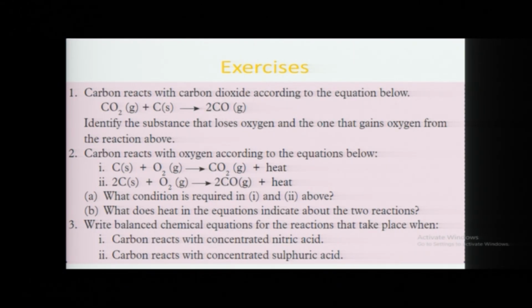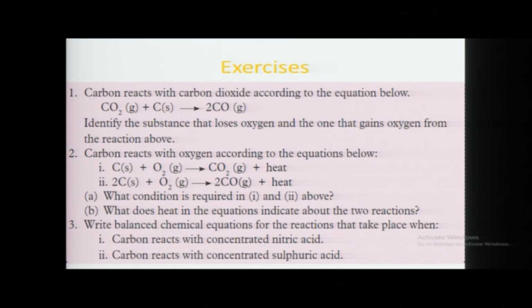So identify the substance that loses oxygen and the one that gains oxygen from the reaction above. So among these substances, carbon dioxide, carbon, and carbon monoxide, which one loses oxygen and which one gains oxygen? That is the equation, and you have looked at that.